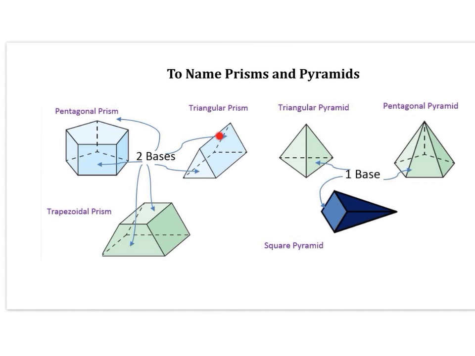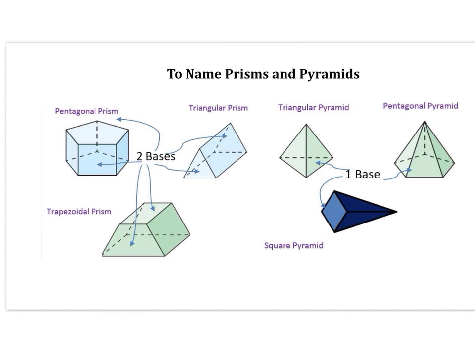This one's a triangular prism because its bases are triangles. Notice the lateral faces are rectangular, same with our pentagonal prism. And then our trapezoidal prism also has 2 bases that are parallel that are trapezoids. And then our pyramid has just a singular base, and the other faces are always triangles.